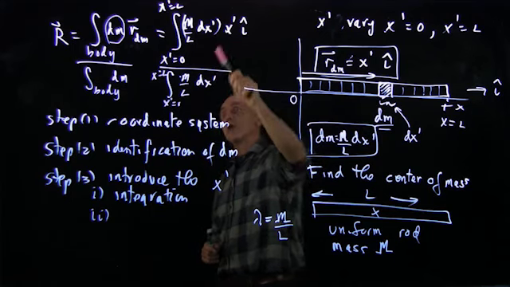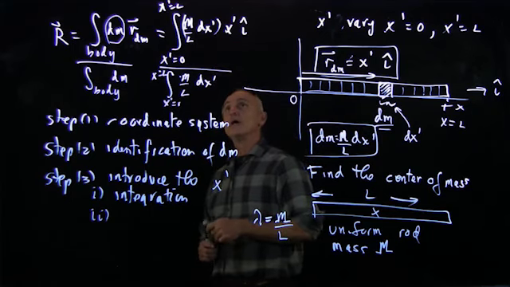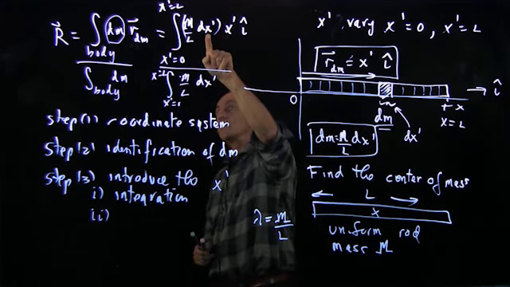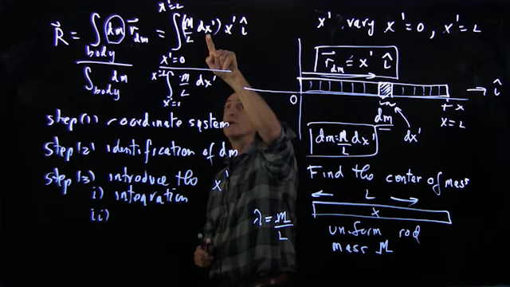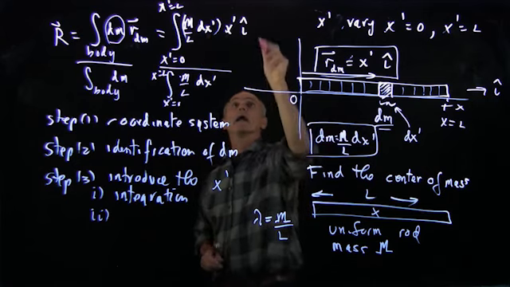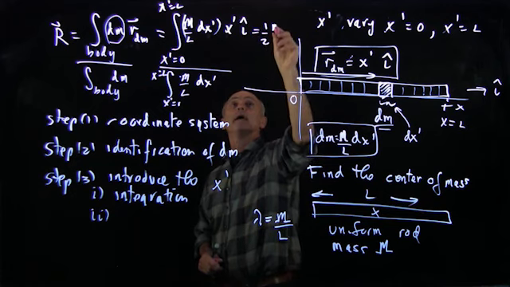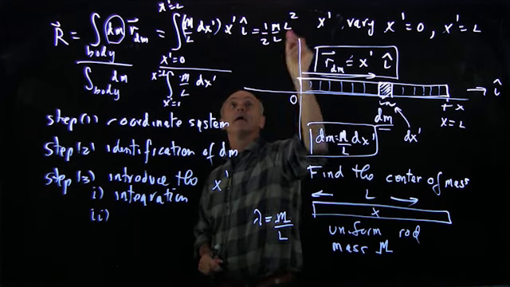Both of these integrals are now not difficult to do. Notice it's x prime dx prime, so this integral is x squared over 2. And I get 1/2 M over L, L squared.